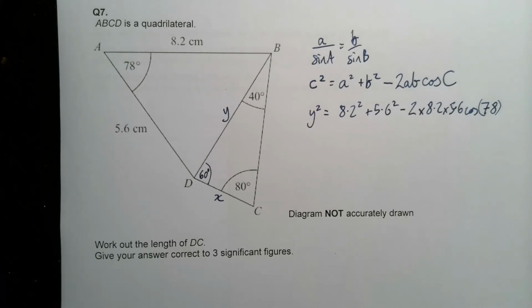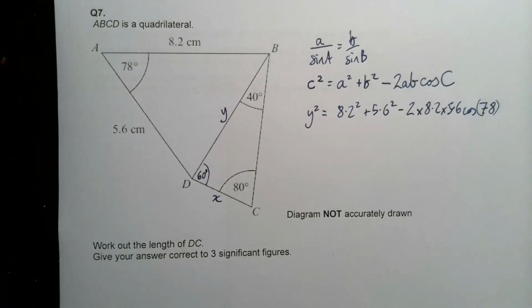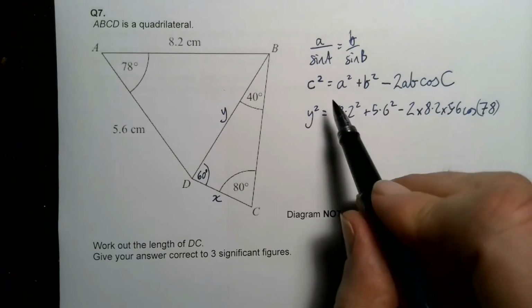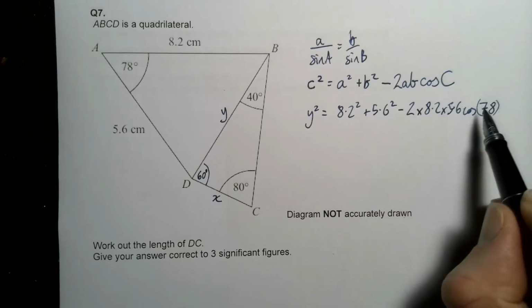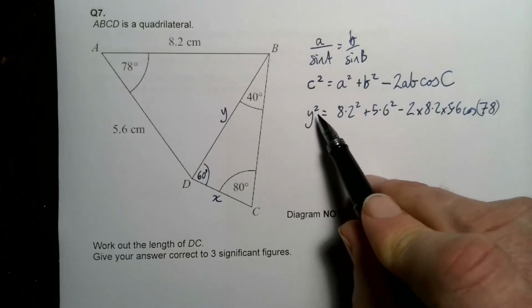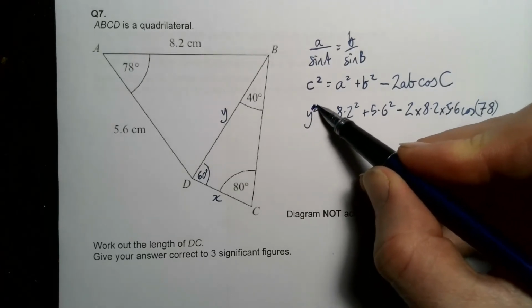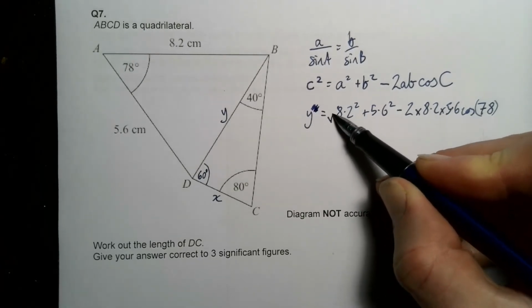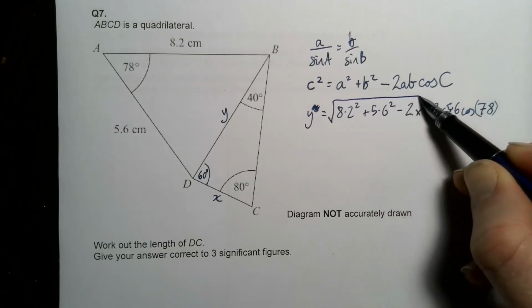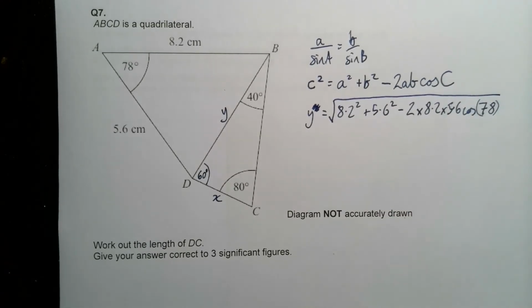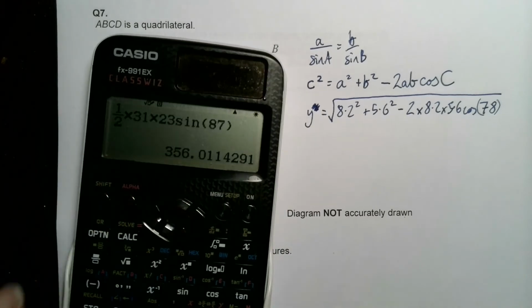Now, I don't like writing things out loads and loads of different times, so actually what I tend to do is think, when I've worked all that out, I know I'm going to need the square root of it, because I don't want y squared, I want y. So instead of writing y squared equals, I'm just going to cross that out and put a square root over the whole shebang, because you can put that into the calculator like that.